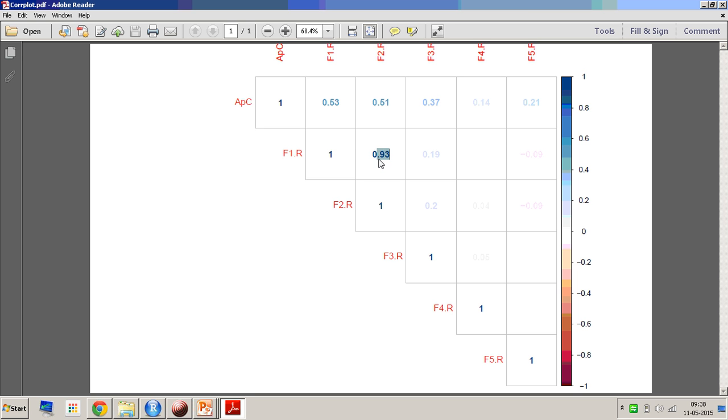So the highest correlation which we can see, and that's the reason it's been plotted in a darker shade, is the 0.93 between f2.r and f1.r. So that's okay that these two independent variables are showing a high correlation.